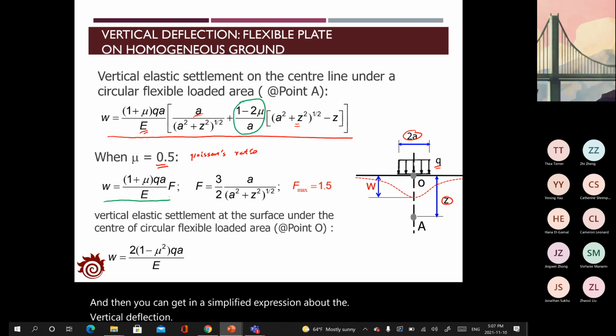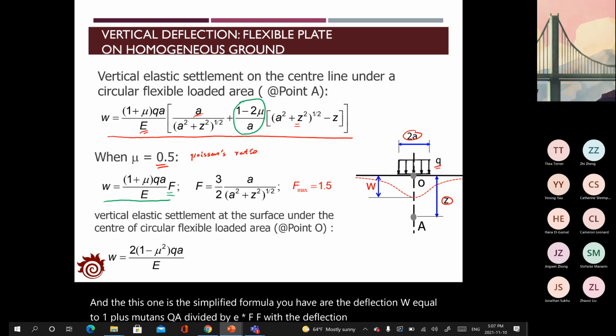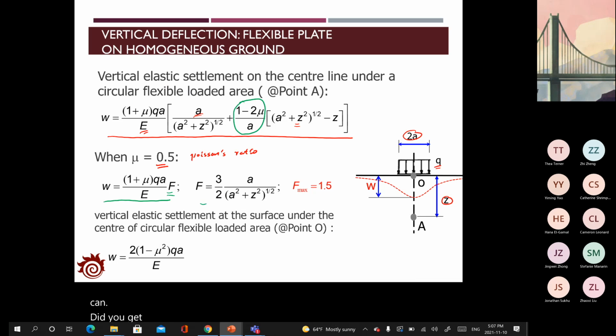You have the deflection W equal to (1 plus mu) times QA divided by E times F, where F is the deflection factor. And you can also get the value of F as 3/2 times A divided by (A squared plus the square root of A squared plus Z squared).